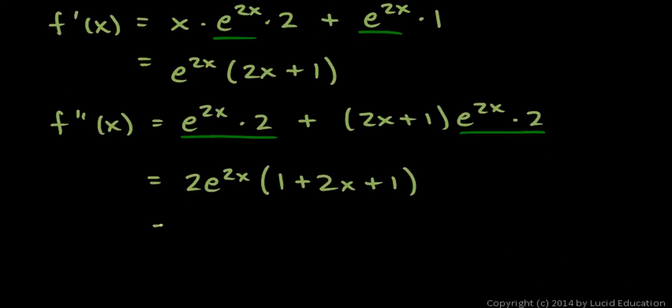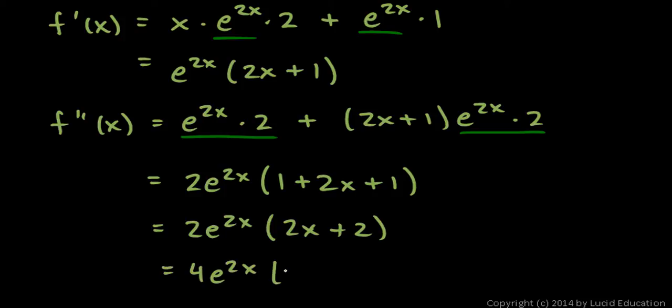Okay, so let's write 2e to the 2x times, this is 2x plus 2. Let's go ahead and factor out this 2 right here. So that will be 4e to the 2x times x plus 1.